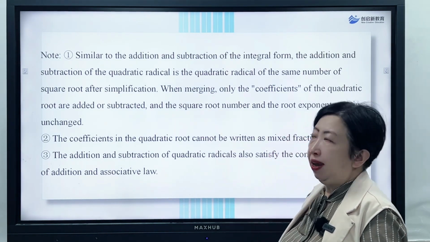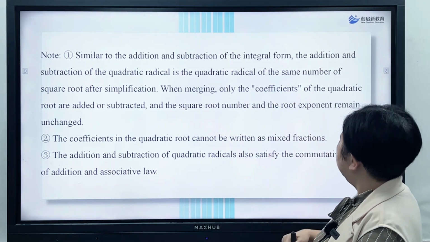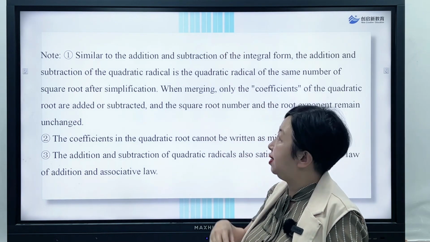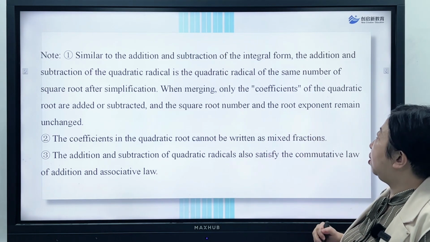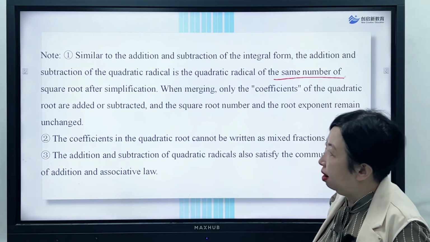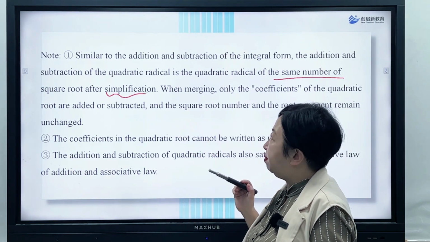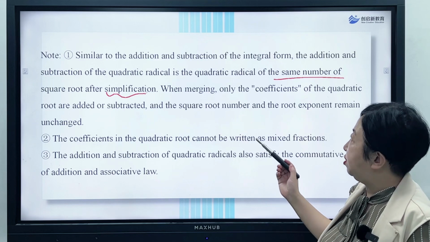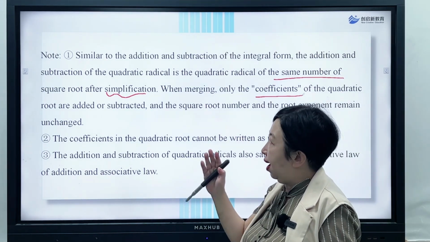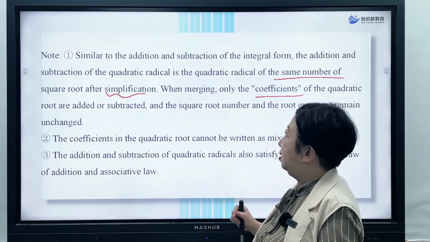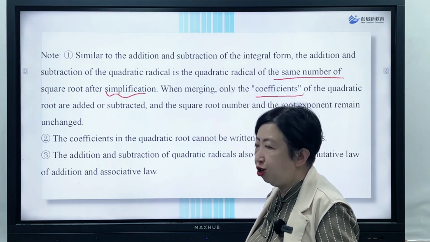We must pay attention. Similar to combining like terms, the addition and subtraction of quadratic radicals combines the quadratic radicals with the same number under the square root after simplification. When combining, only the coefficients of the quadratic radicals are added or subtracted, and the number under the square root and the root exponent remain unchanged.